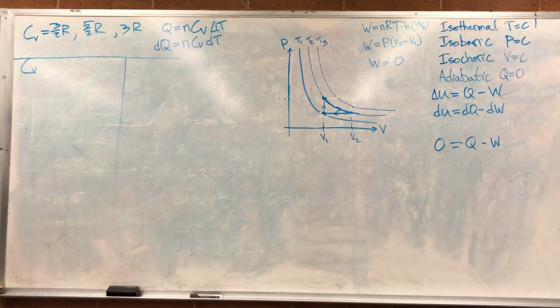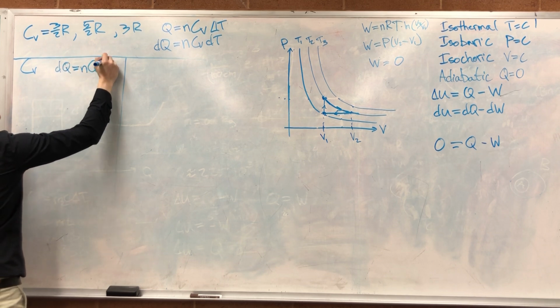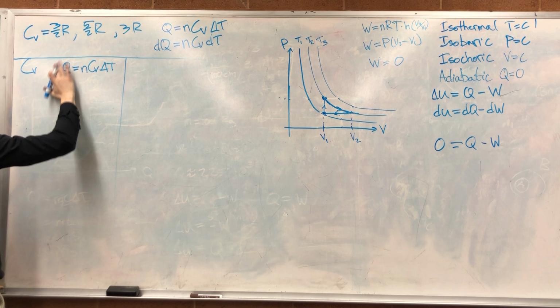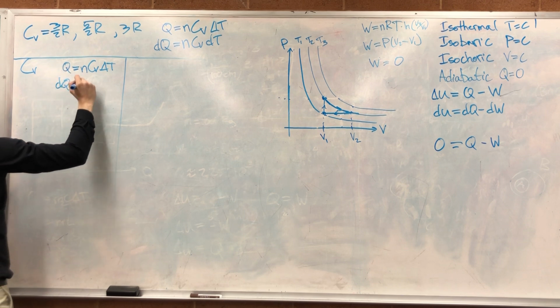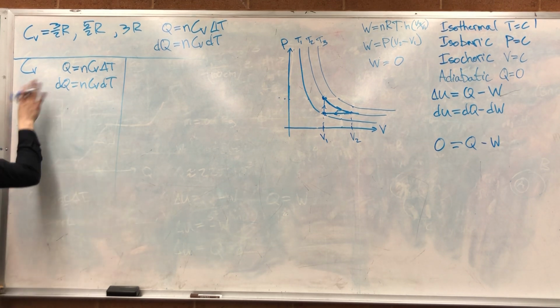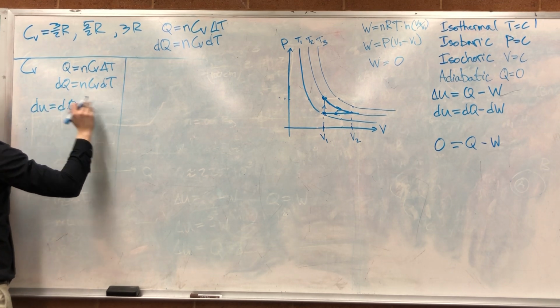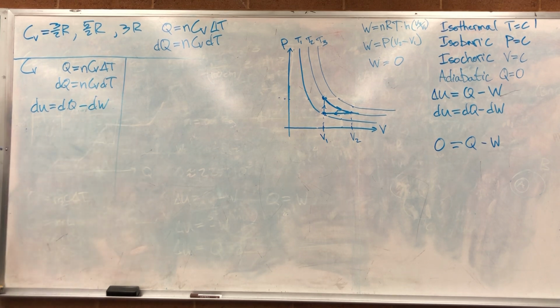So I know that dq is equal to n CV dT. I also know, in every world, including CV world, that dU is equal to dq plus or minus dW. But what is the work done by a gas if the volume stays constant? Zero.